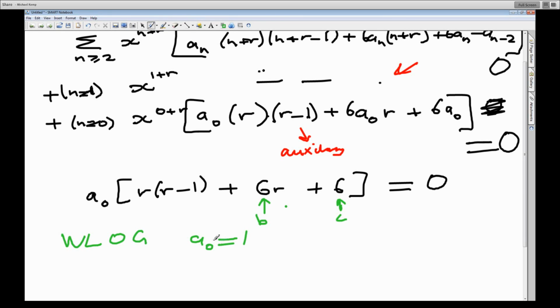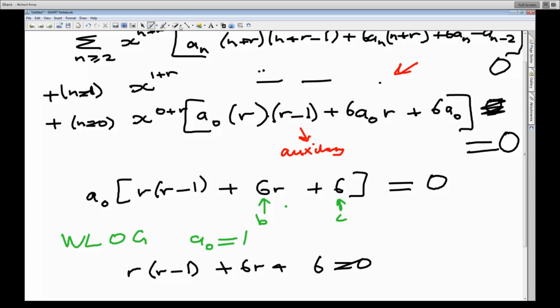But in particular, just to make things work nicely, we're going to make a_0 non-zero. That always is the case. And so what we end up producing then is r(r minus 1) plus 6r plus 6 equals 0.